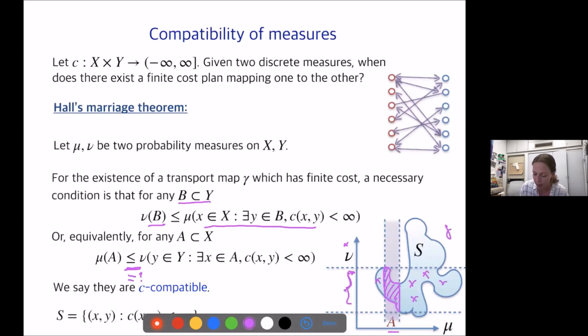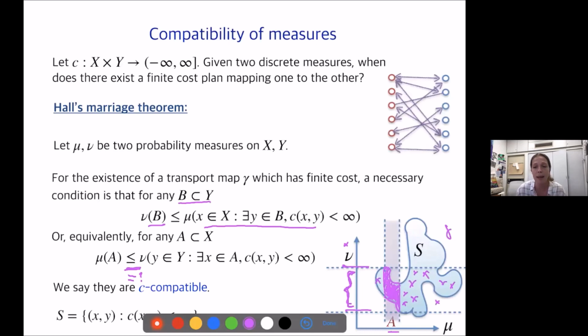Because the total gamma measure of this whole big strip is all of the measure. So for equality, I need all of the measure of gamma on this strip to be supported on this set that I'm coloring pink, and nothing to be outside. I know there's nothing outside in the white places because they're of infinite cost, but I need also nothing outside in the part of the octopus which is within this slab, okay?